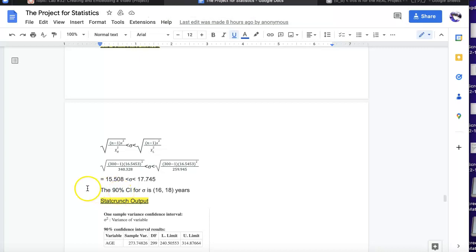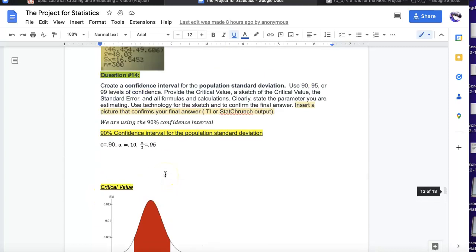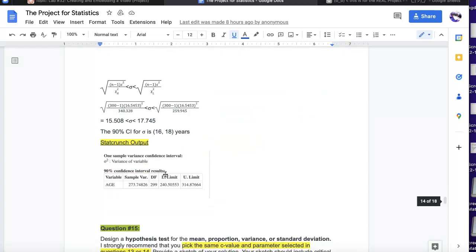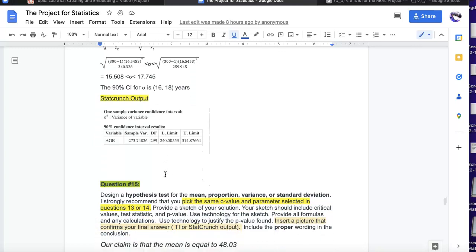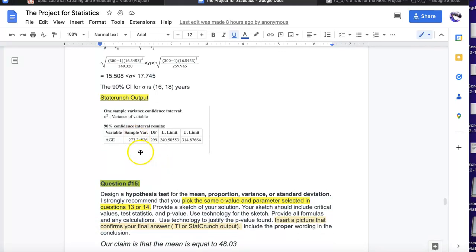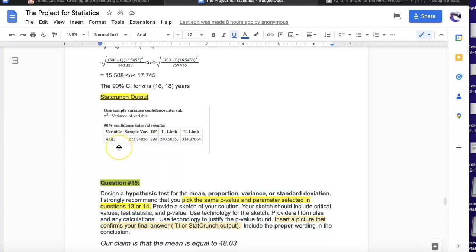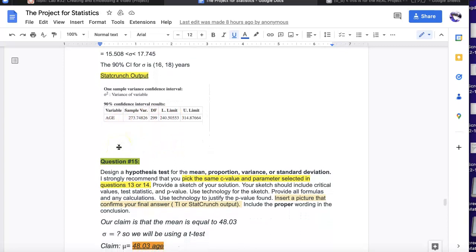So after rounding, the 90% confidence interval for the population standard deviation is 16 and 18 years of age. To check our work, we did a StatCrunch output, just to make sure that everything that we got was right.